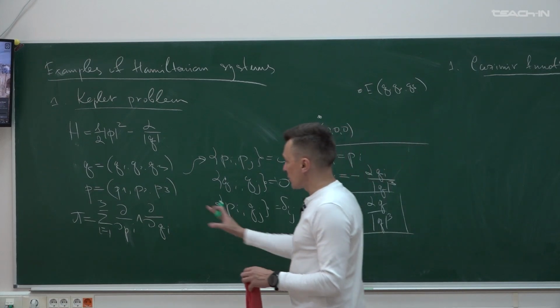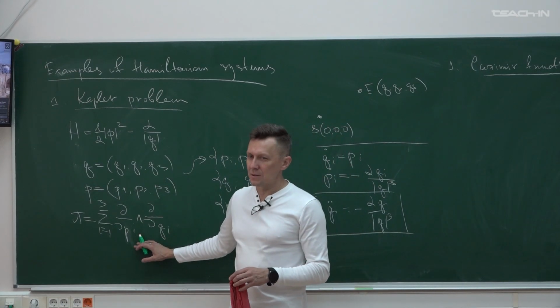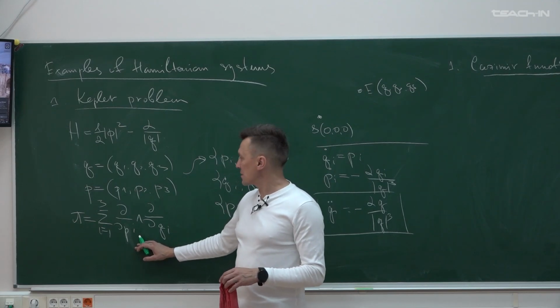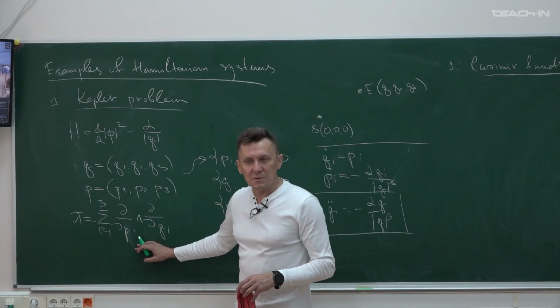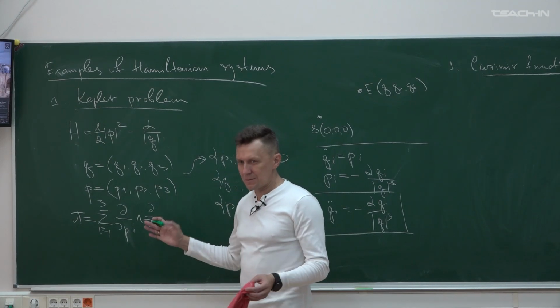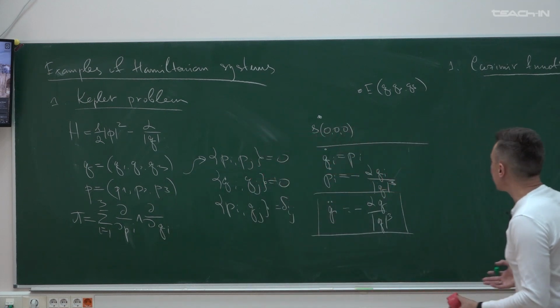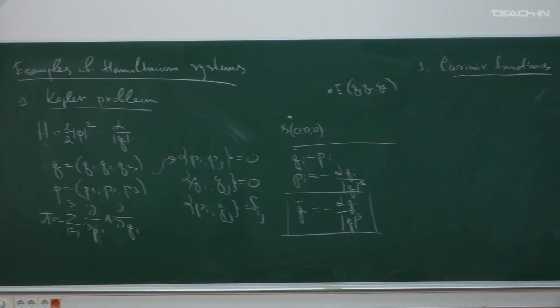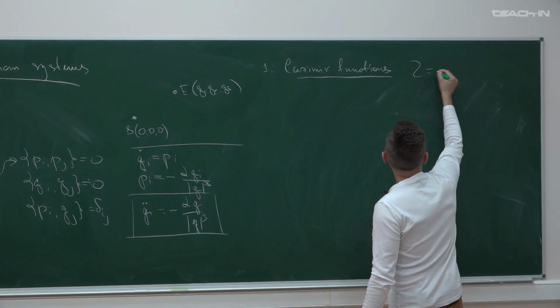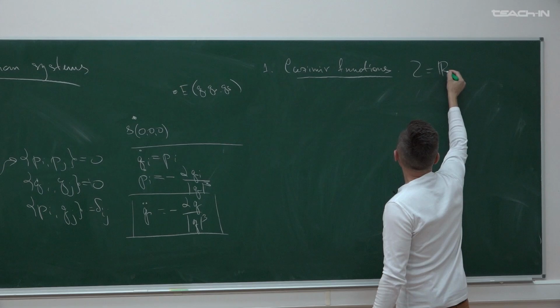So this Poisson structure is non-degenerate. It means that its center contains only the constant functions. It's an important question. You have to know the answer. So here the center is just R.